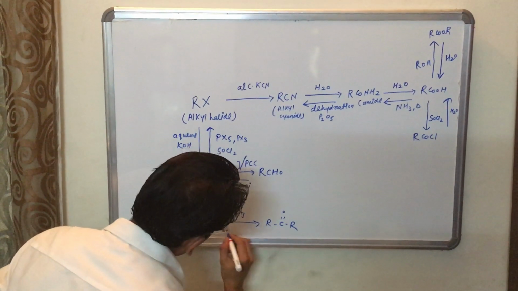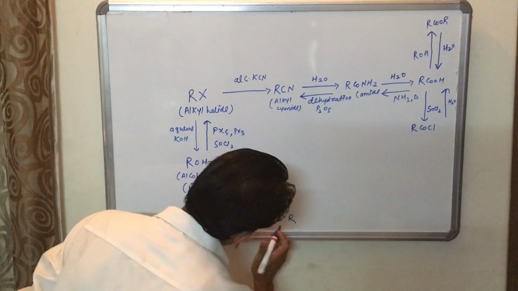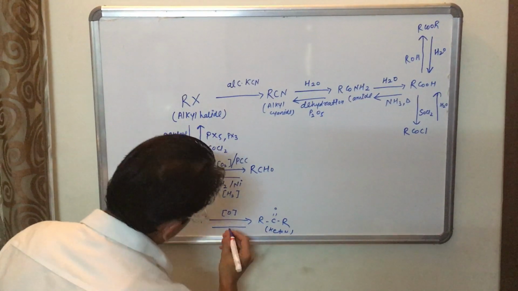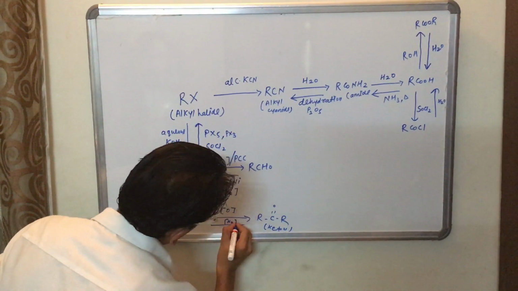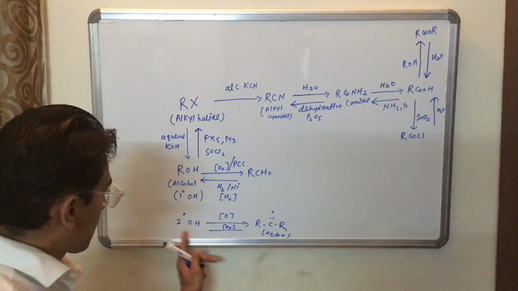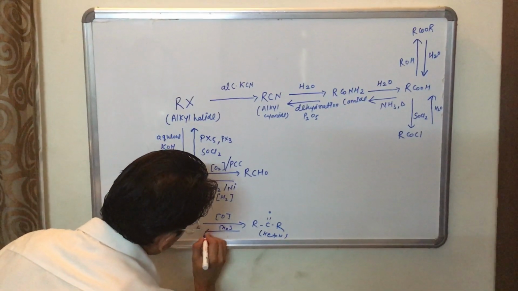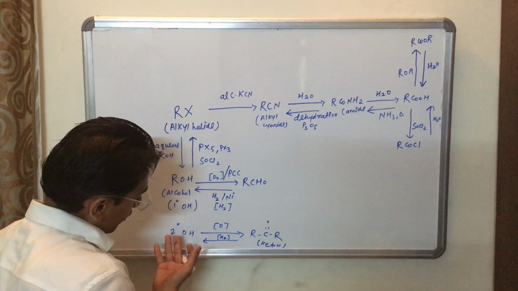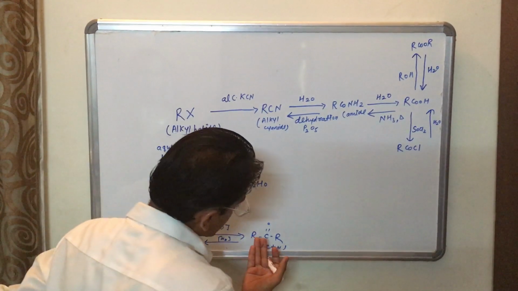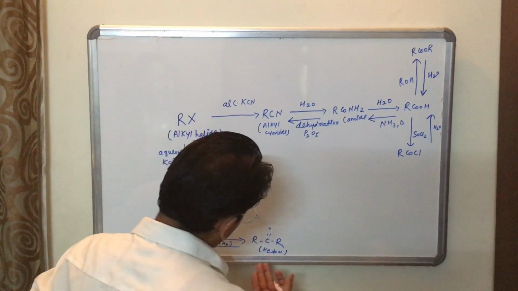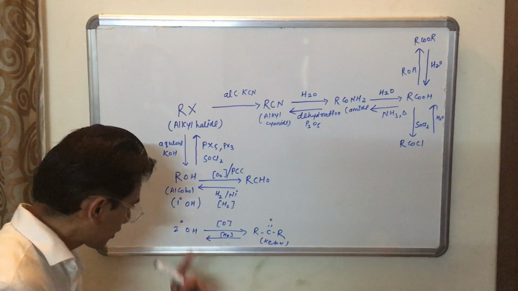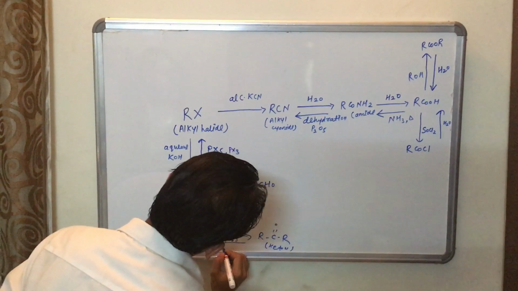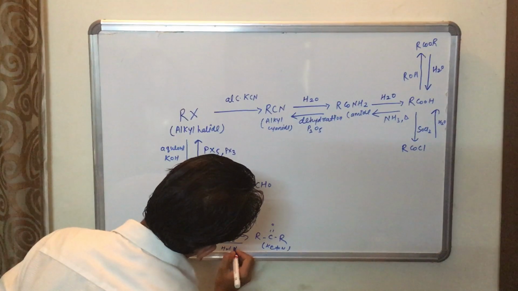From ketone, if you do reduction, then you will get 2 degree alcohol. So on oxidation, 2 degree alcohol gives ketone, and on reduction, ketone gives 2 degree alcohol. The oxidizing agent is the same, PCC, and the reducing agent is the same, H2 and nickel.